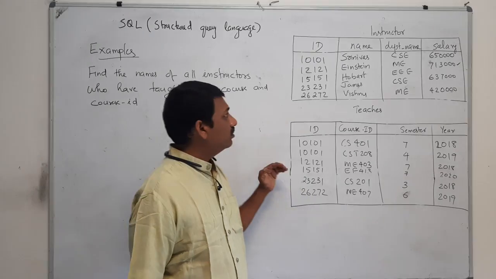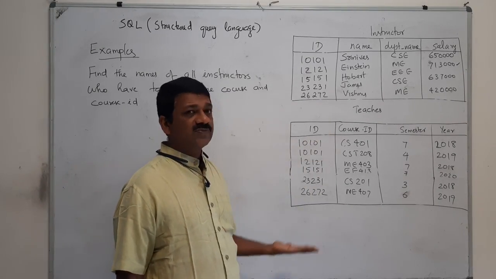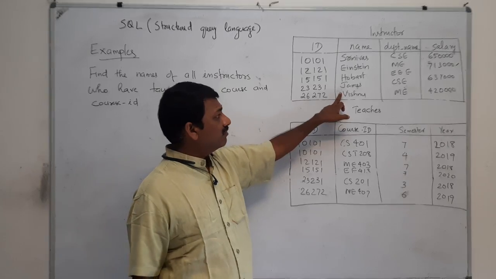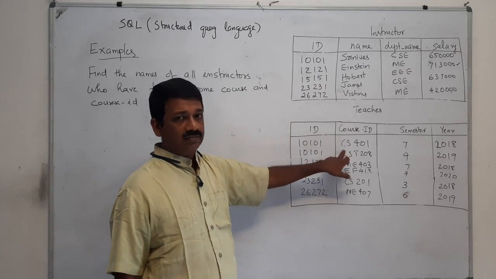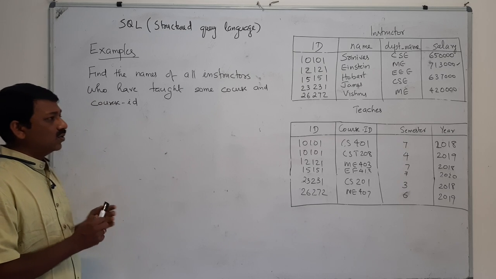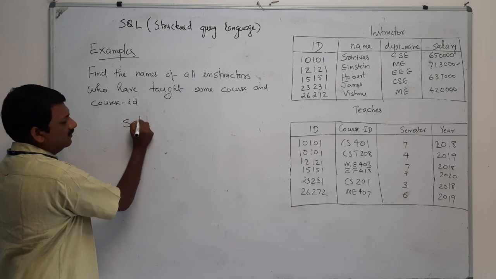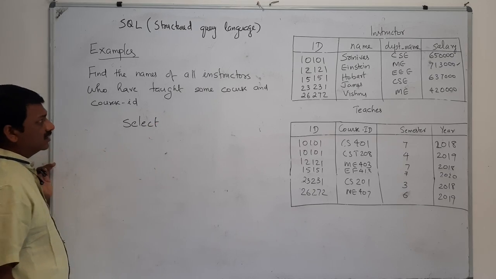Okay. Now if he teaches or taught some subject, his name and the course he had taken, the course ID, has to be displayed. So for that, as we have discussed, we are going to have a select statement.